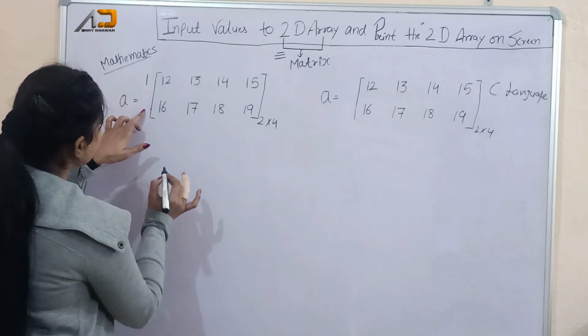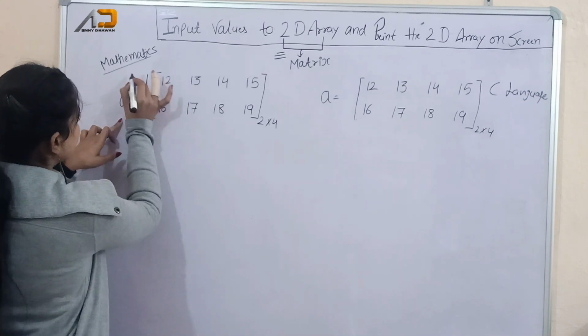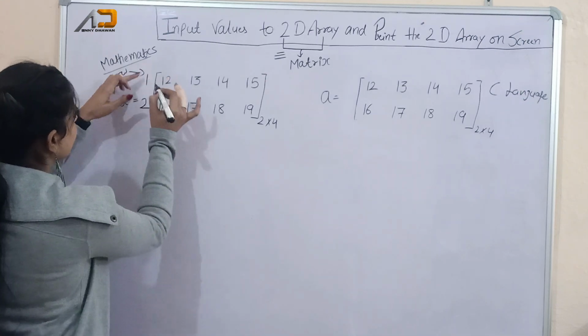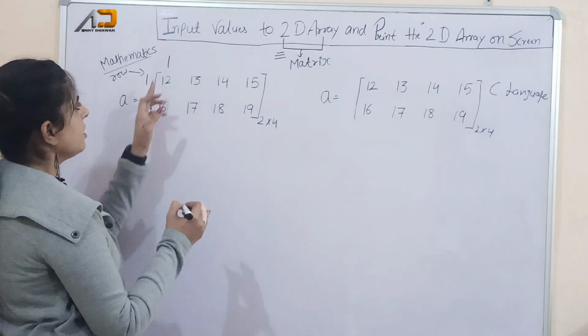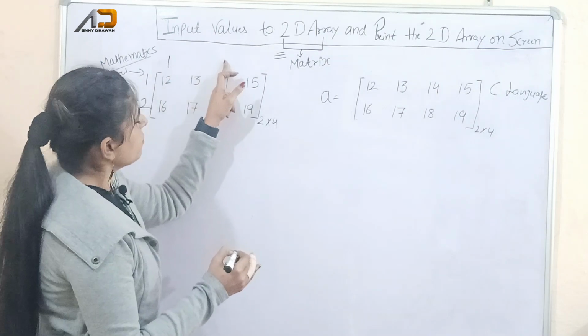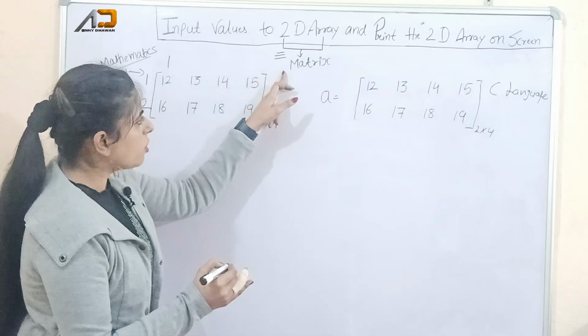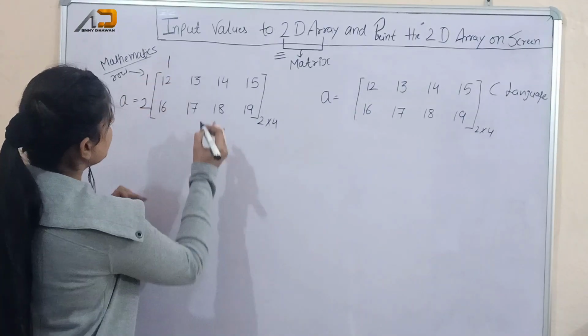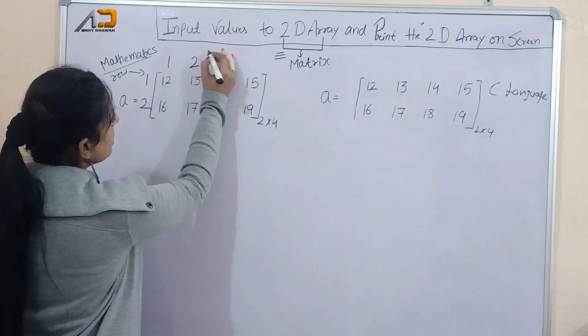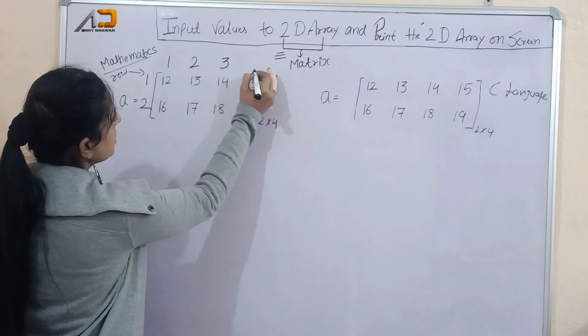So what would be the row index here? That is 2. Column index also starts from 1 here, and it increases by 1 for each successive column in sequence. So what will be the next index? That is 2 here. What will be the next? That is 3.